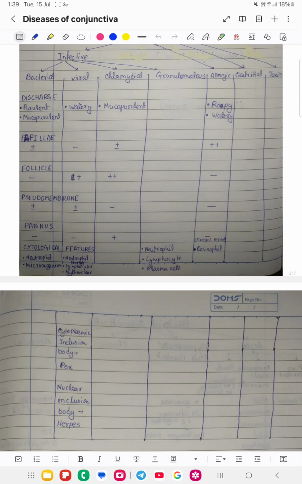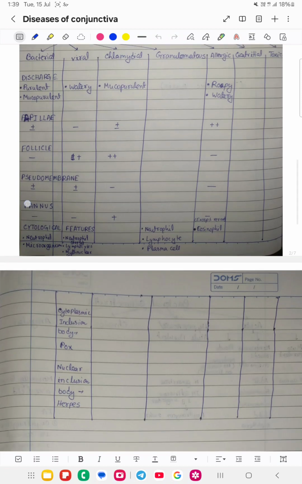Now, papillae. It is absent in case of viral conjunctivitis and always present in allergic conjunctivitis. Follicle. Absent in bacterial conjunctivitis, present in viral and chlamydial conjunctivitis.